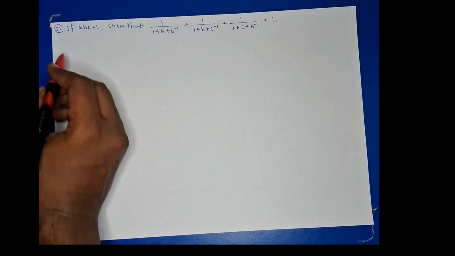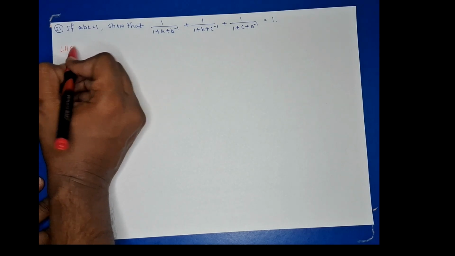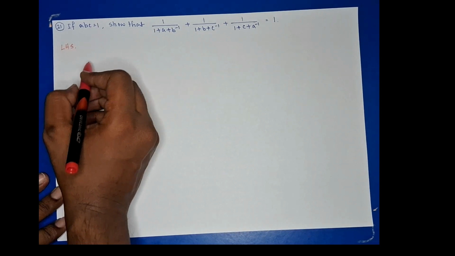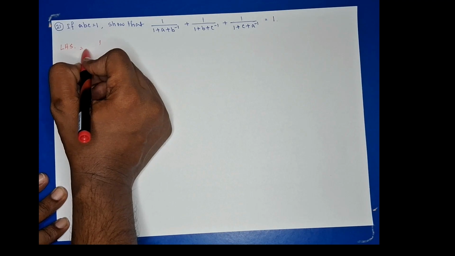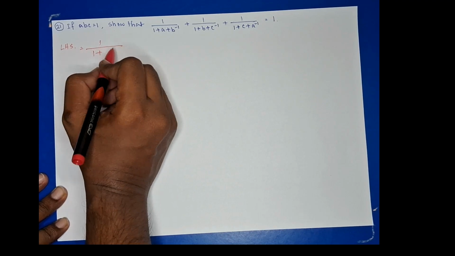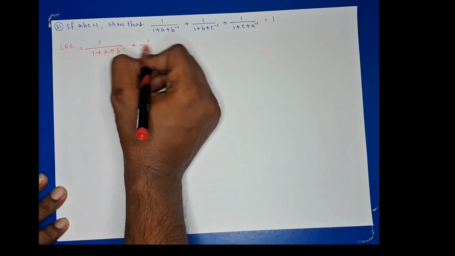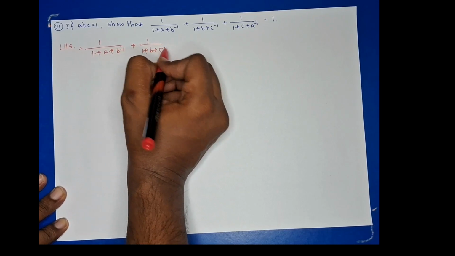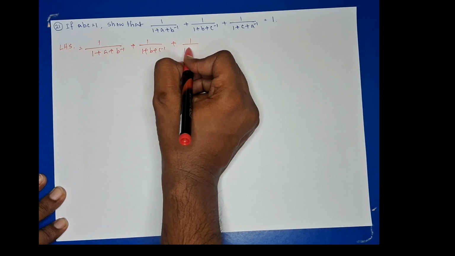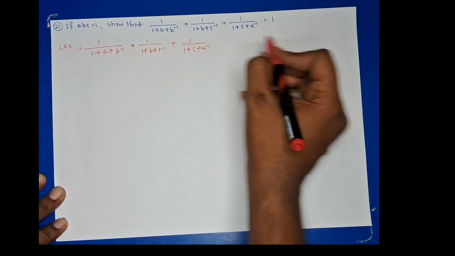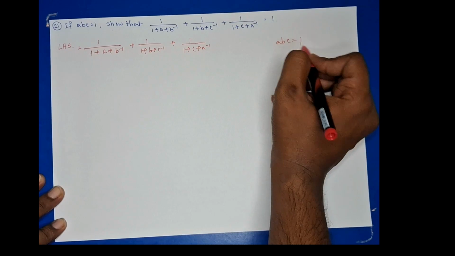Let us see how we can solve LHS. Left hand side we are writing it as 1 by 1 plus a plus b to the power minus 1 plus 1 by 1 plus b plus c to the power minus 1 plus 1 by 1 plus c plus a to the power minus 1. We know that abc is equal to 1.